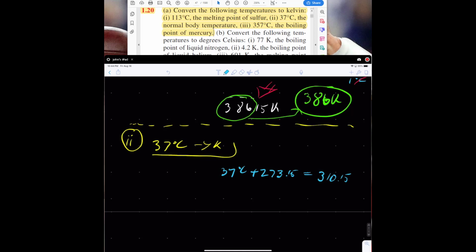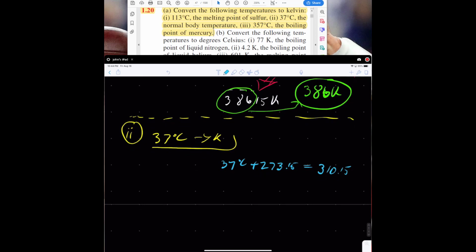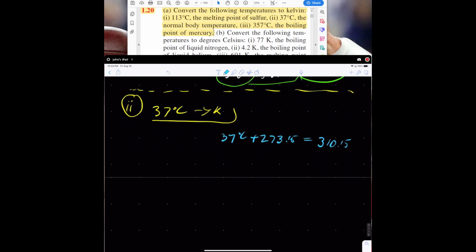Oh, okay, I understand. So in the textbook, not every problem, it looks like they're just doing 37 plus 273. They're not even considering this 0.15. So that's just coming out to 310.